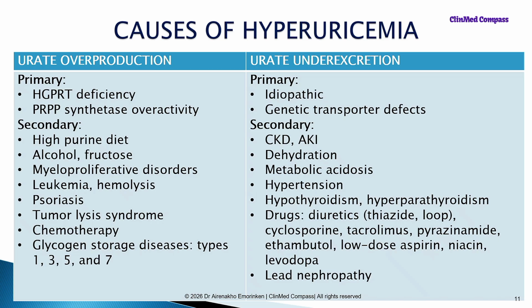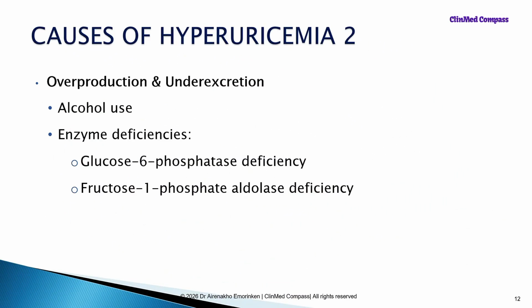Lead nephropathy is a classic but often overlooked cause. Keep this table handy. It's a differential diagnosis checklist for hyperuricemia.